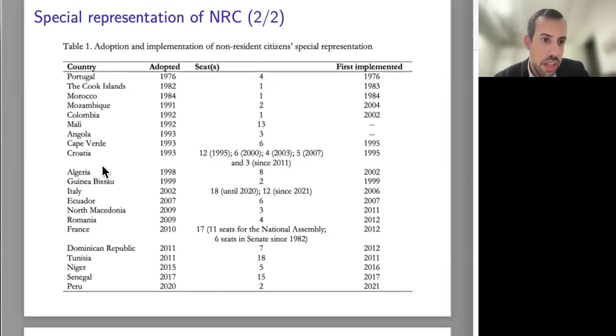So, for instance, Croatia, Italy, and France suffer a couple of variations over time. We list these exceptionalities too. In most countries, the institutional provisions of non-resident citizen special representation have remained unchanged since the initial adoption.